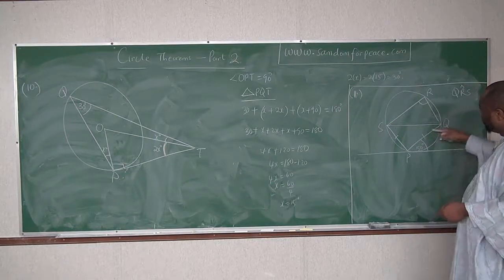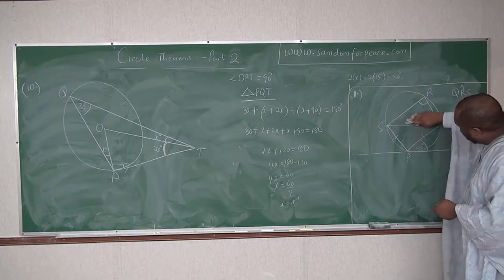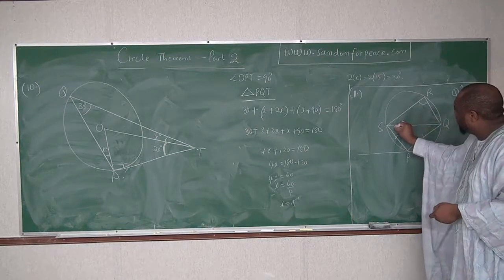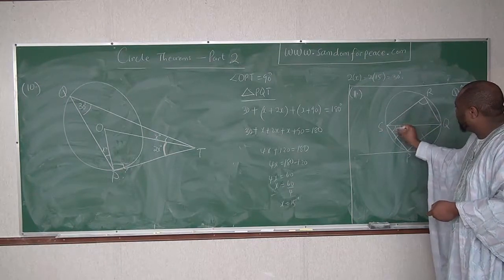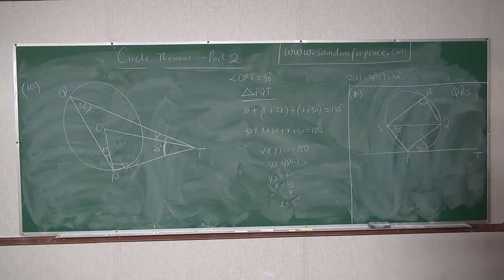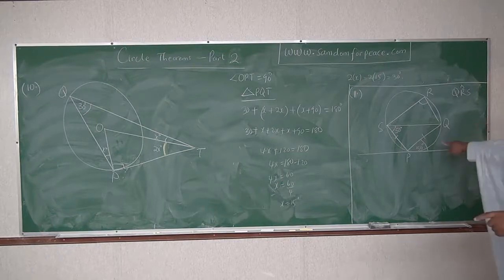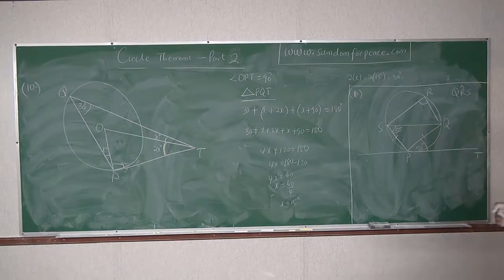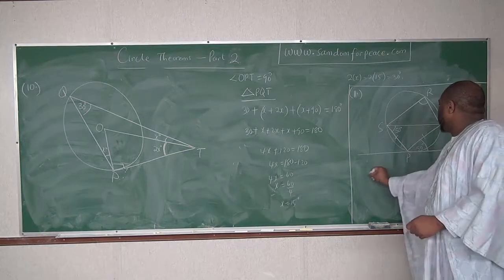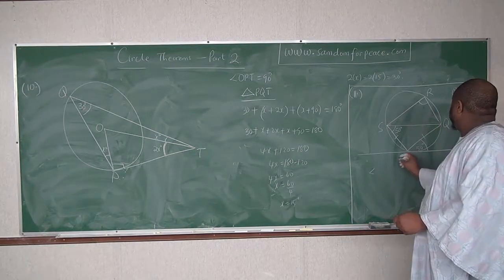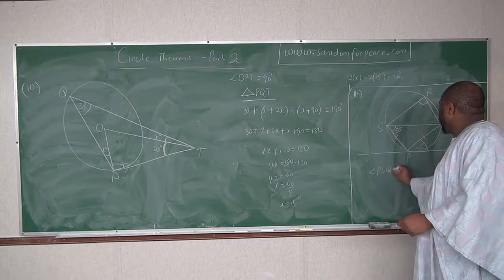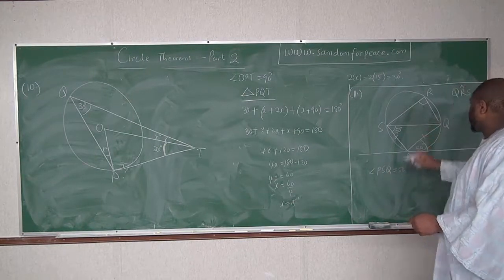If you draw a triangle, then this is 50 here, that this will be 50. That is what I mean. It has to be a triangle. You don't just do it like that. So here angle PSQ is 50 degrees.